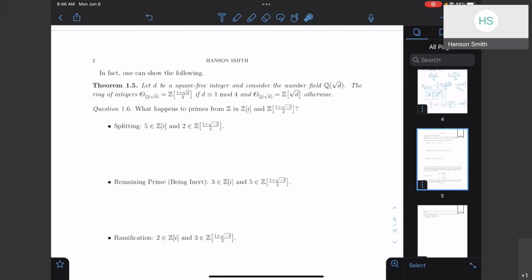But I do want to talk a little bit in the last few minutes about what happens with factoring, because one of the best things about the integers is unique factorization into primes. We have this wonderful theorem, the fundamental theorem of arithmetic, which is a fancy old way of saying number theory.